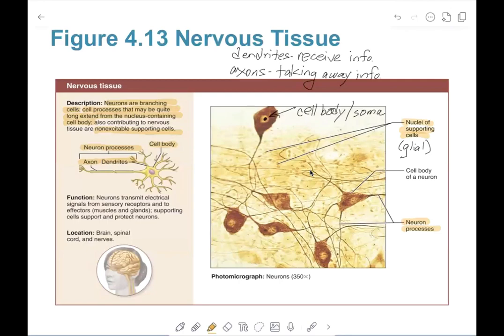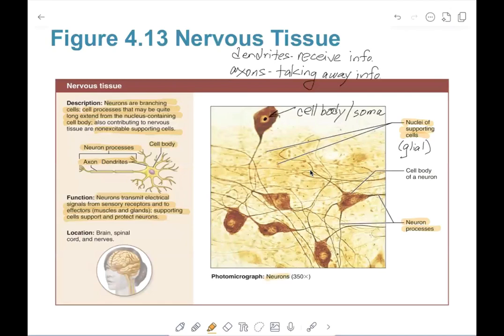So the function of this tissue is the neurons transmit electrical signals from sensory receptors to effectors, which are muscles and glands. And there's also these glial cells, which are the supporting cells that support and protect the neurons.